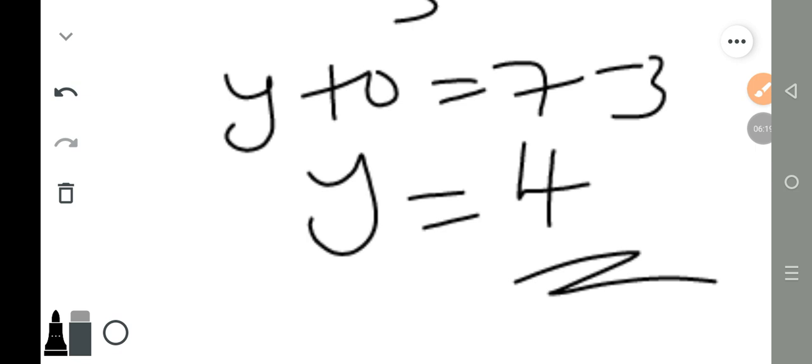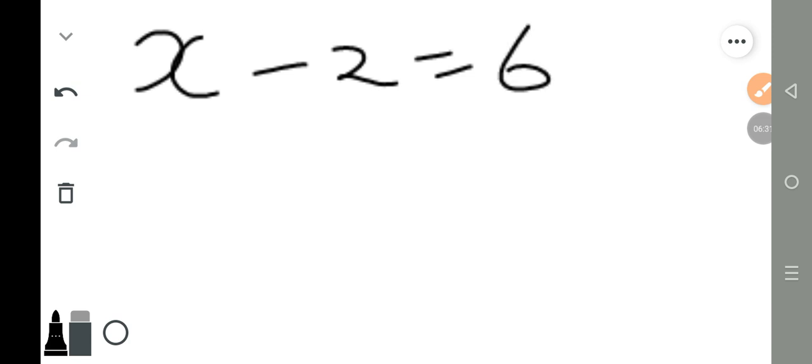Now we have done a whole lot on addition. Let's try subtraction now. Going on to subtraction, you have x minus 2 equals 6. As you already know from the previous exercises, when you want to isolate x, you have to add 2 to both sides of the equation.